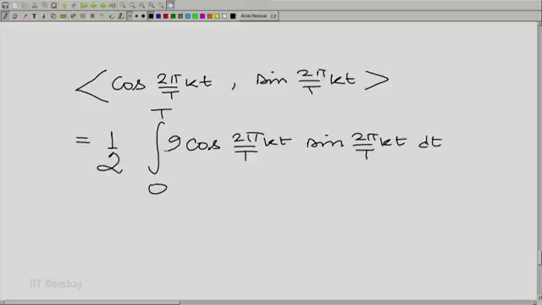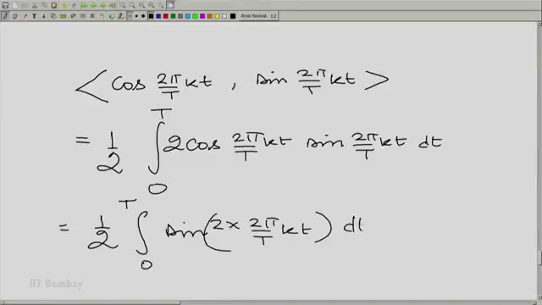Now, all that I need to do is to notice that I can put a half outside and a 2 inside, and this is simply the integral of a sinusoid over a finite number of complete cycles. So, here again we can use the same argument.